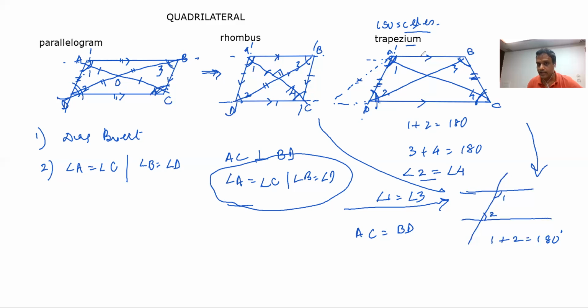And the base angles on the smaller parallel line, which is 1 and 3, they are also equal. I hope I have covered many points on this, but the most important thing which you have to remember are these properties of the parallel line. I hope you could understand this. See you in the next video.